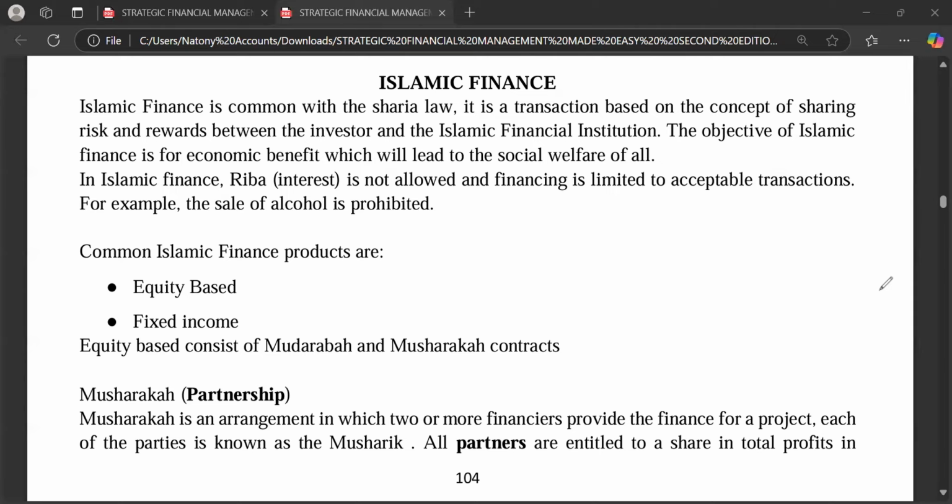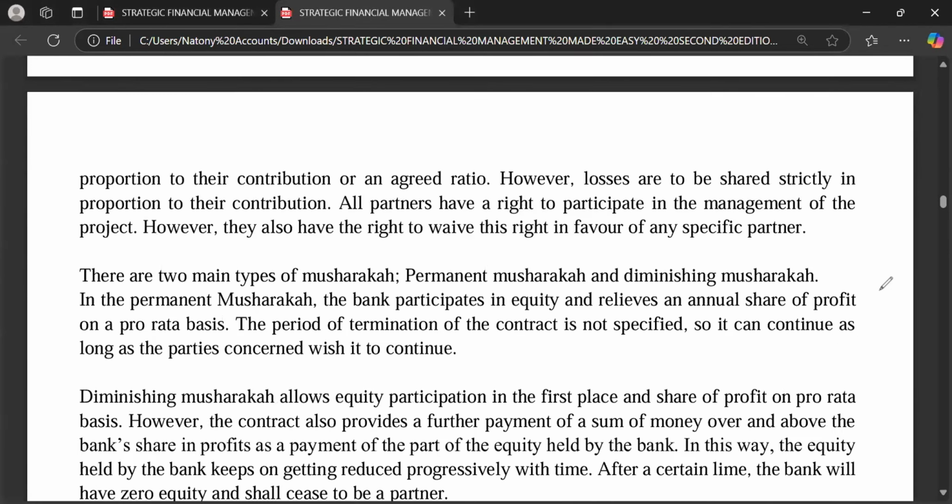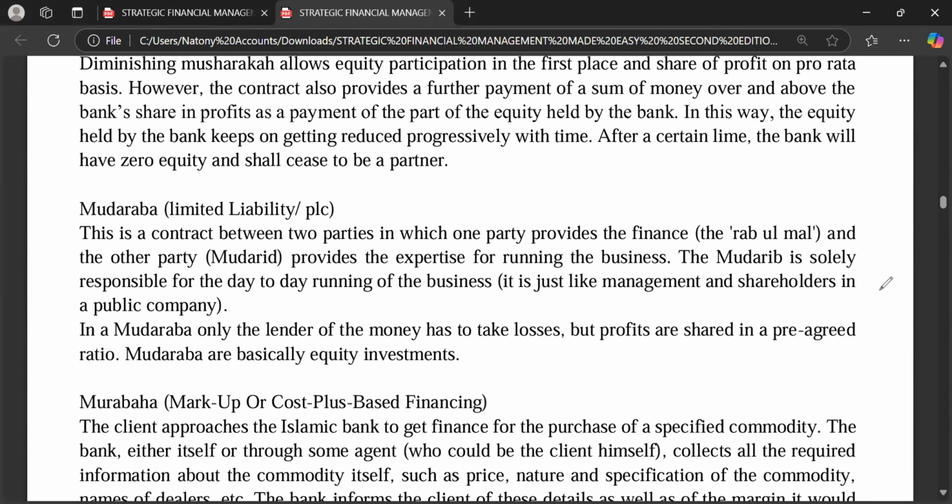So again, profit is going to be shared according to an agreed ratio or the proportion of contribution made by each party, while losses will be shared strictly in accordance with the proportion of the contribution of each party. So that's the musharaka. So if we move to mudaraba, mudaraba is like a limited liability company.